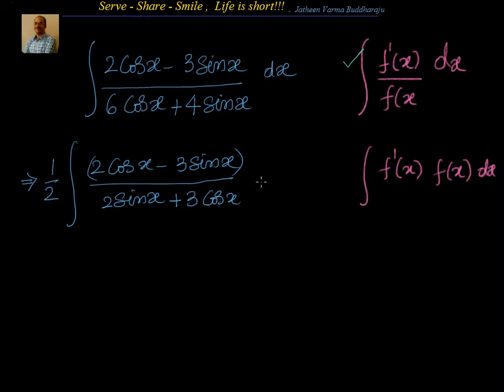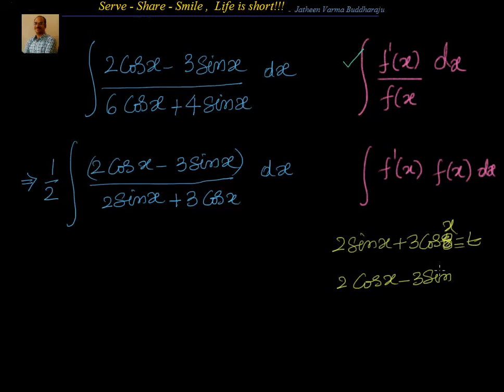Now you can see very clearly it is in the form of f dash x by f of x, because if you take 2 sin x plus 3 cos x equal to t, then I'll have (2 cos x minus 3 sin x) dx equal to dt.